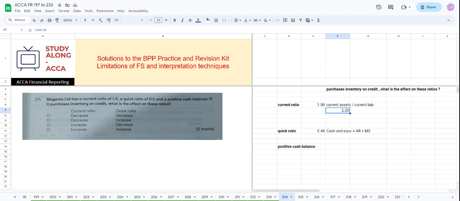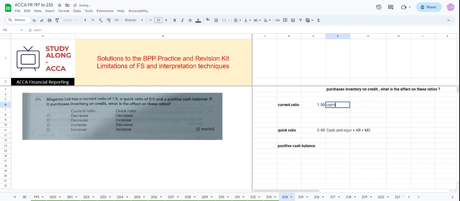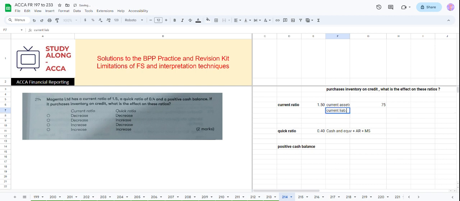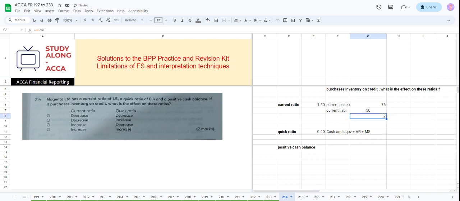If we make it 150... So suppose we say that current assets we have 75, and then the current liability is 50. Then we say our current ratio is 1.5.